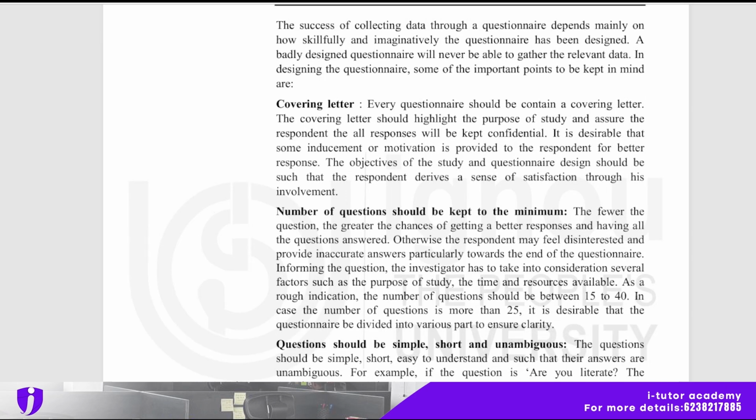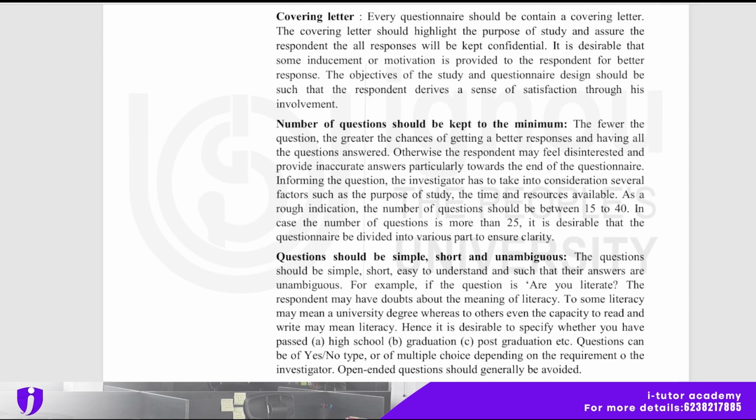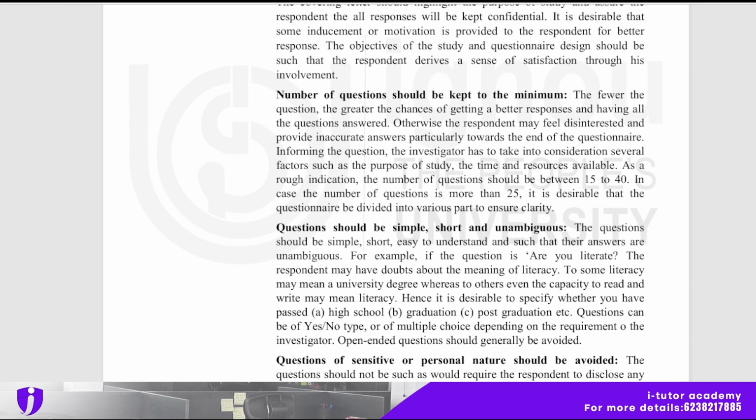The covering letter should highlight the purpose of the study and assure the respondent that all responses will be kept confidential. The number of questions should be kept to the minimum. The fewer the questions, the greater the chance of getting better responses and having all the questions answered. Questions should be simple, short and unambiguous. The questions should be simple, short, easy to understand and such that their answers are unambiguous.